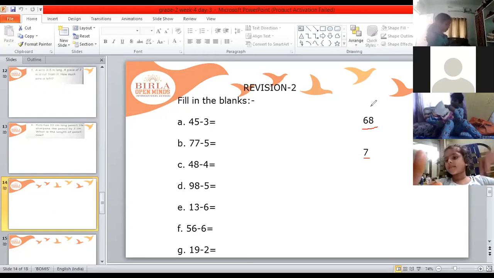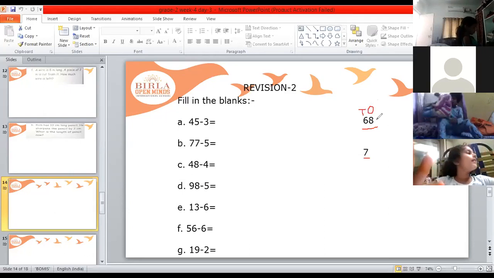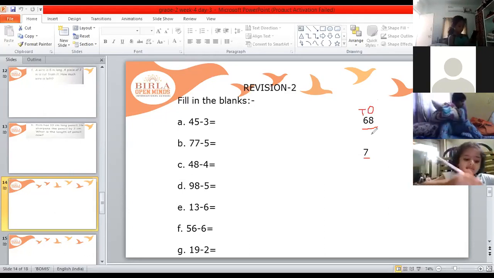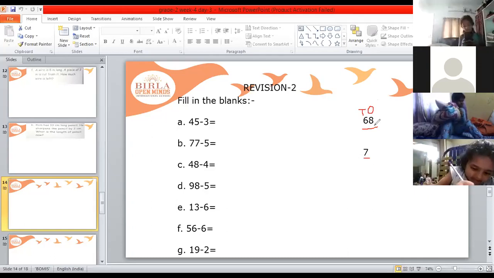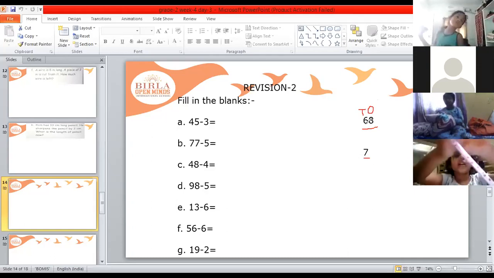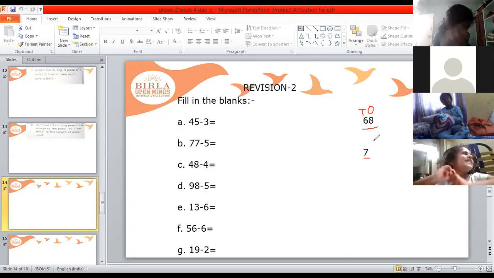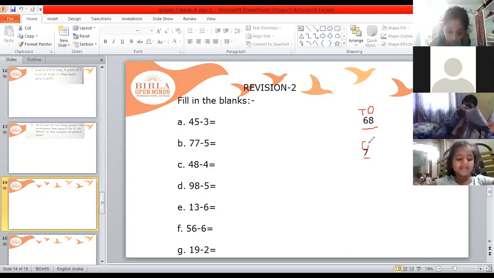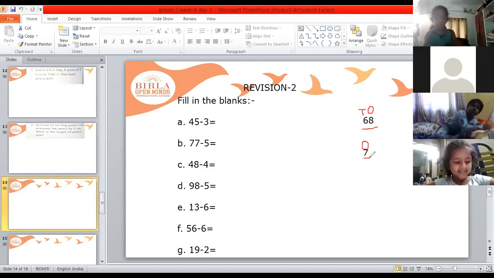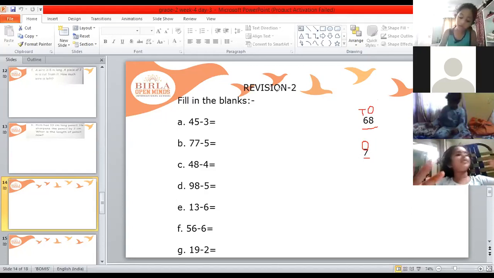So in this number 68, the 8 is in ones place and 6 is in tens place. And 7 is a one-digit number. A one-digit number always has its value in ones place only. So 7 is in ones place.